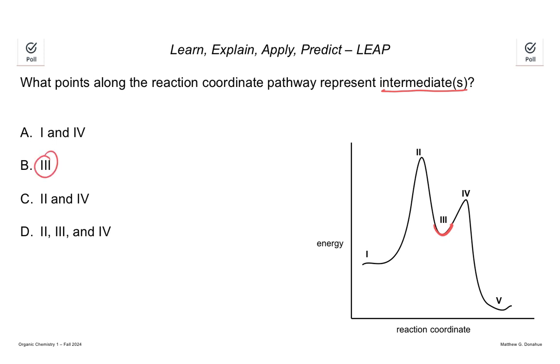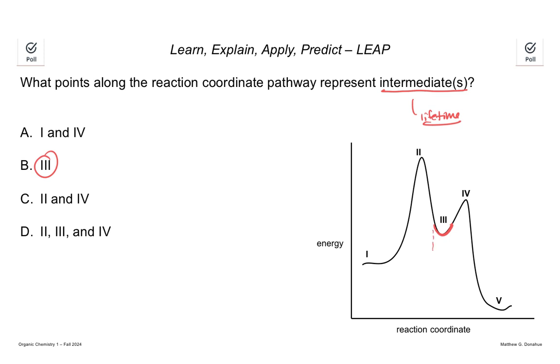And the reason there's a difference between a transition state and an intermediate is the lifetime. And when I say lifetime, I don't mean like human lifetime. So we're talking in like micro or nanosecond lifetimes.